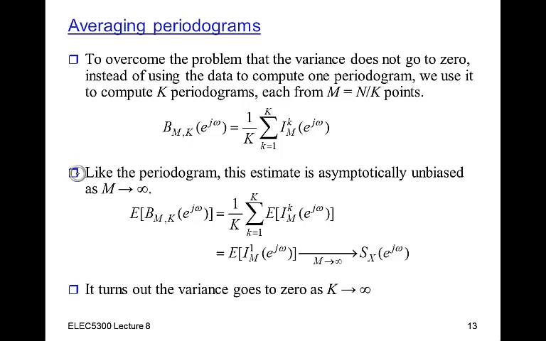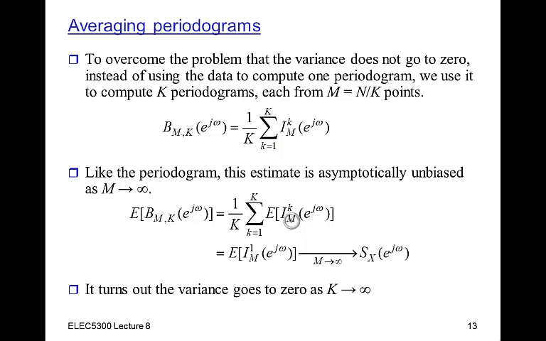So like the periodogram, this averaging procedure still gives us an asymptotically unbiased estimate as the number of points m we use to compute the periodogram goes to infinity. To prove that, we take the expected value of this, substitute in the definition, and move the expected value inside. We know that this thing here is a periodogram of m points.